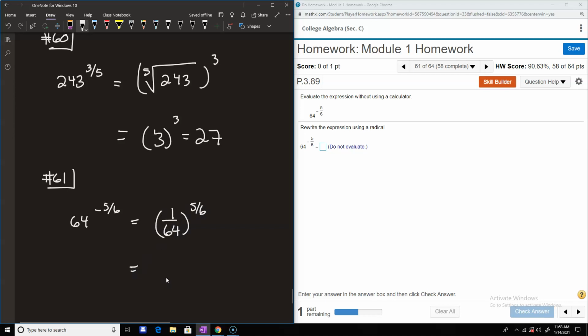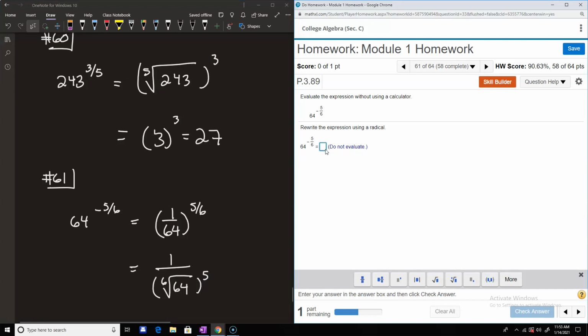And then we would be doing the each one, but remember 1 to any power is always going to be 1, so I can actually just write this as 1 over the 6th root of 64 to the 5th power. Remember, the bottom number is the root and the outside number is the power.